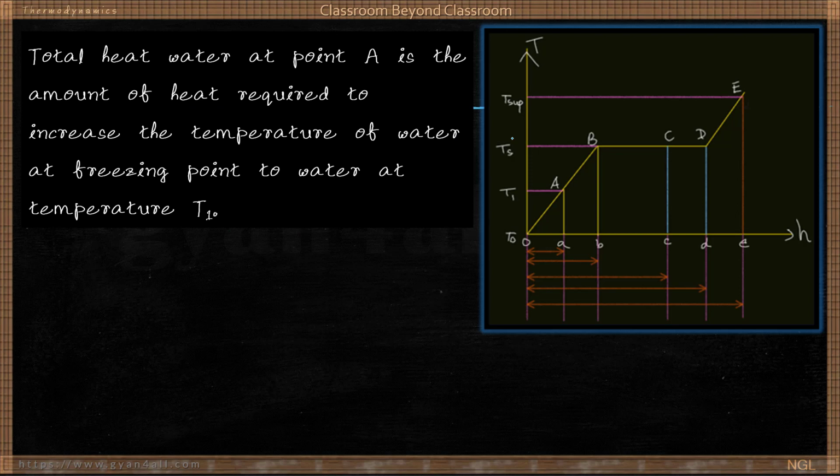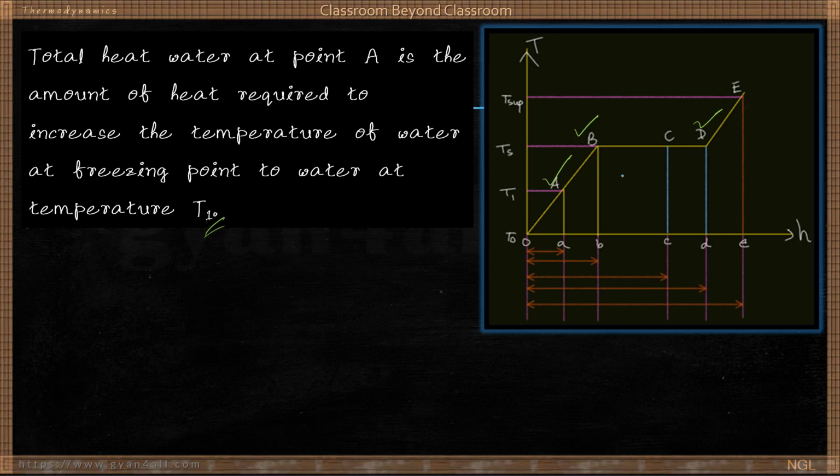Now you see, total heat of water at point A is the amount of heat required to increase the temperature of water at freezing point to water at temperature T1. So we have discussed what is point B, point D. Now we come to point A. I have mentioned that point A is in between B and O. It is neither saturation temperature nor freezing temperature.